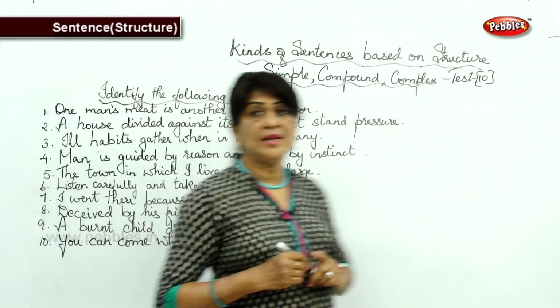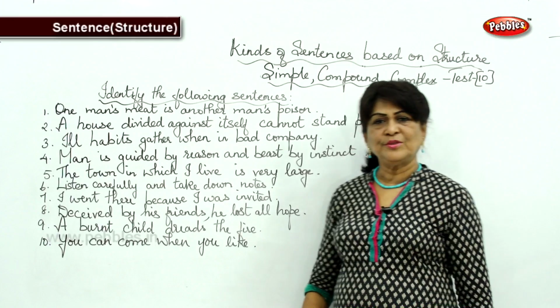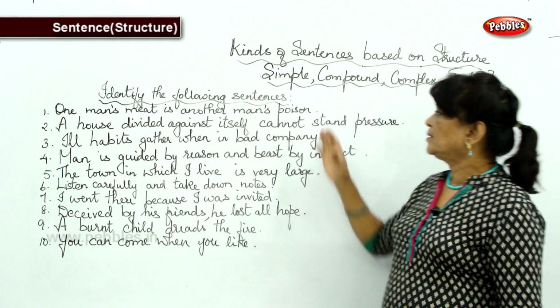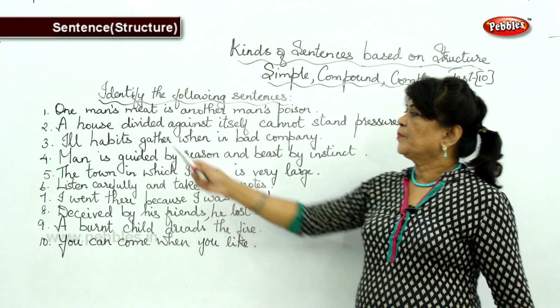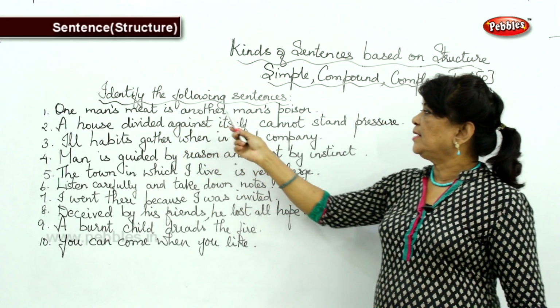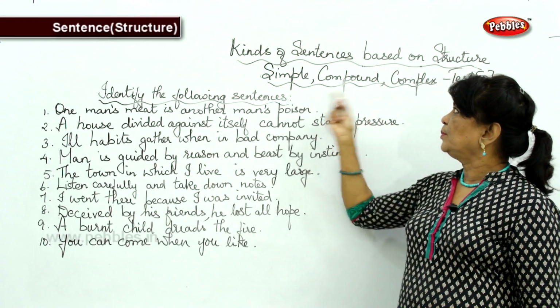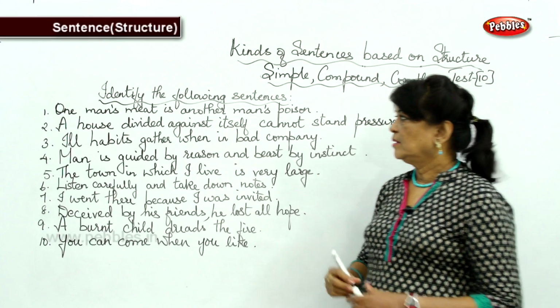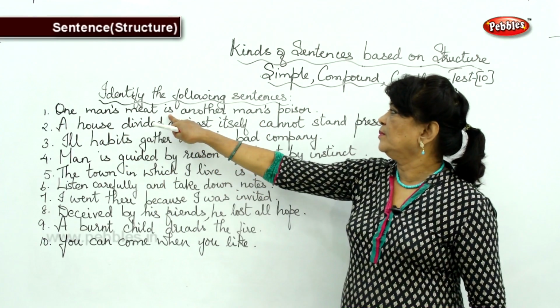Okay, I've given you 10 sentences here. Let's see whether you are able to get full marks in identifying these following sentences. First one: man's meat is another man's poison. What sentence is this? Simple, compound or complex? This has only one finite verb, isn't it?